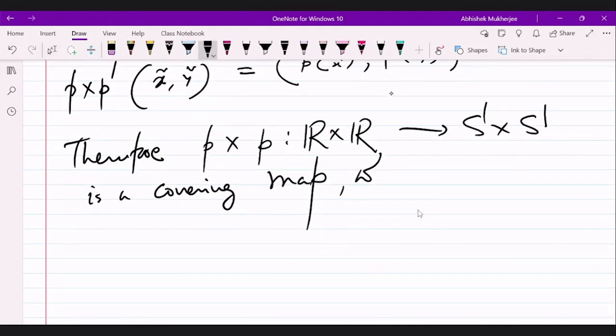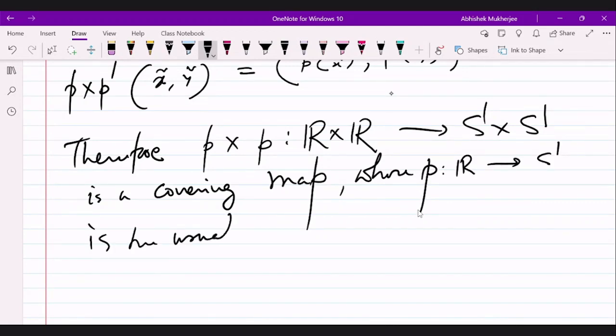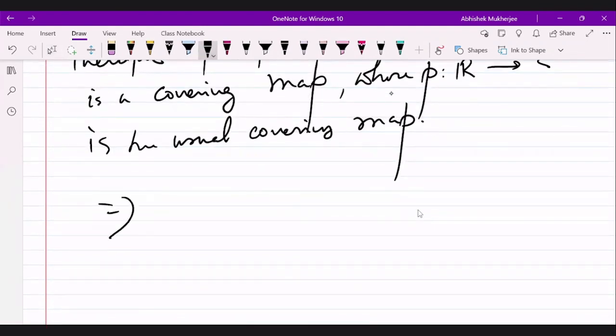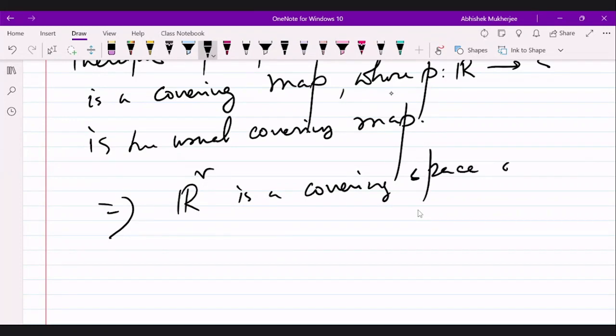Where P is the usual covering map. Okay? So therefore R2 is a covering space of the torus T. Great.